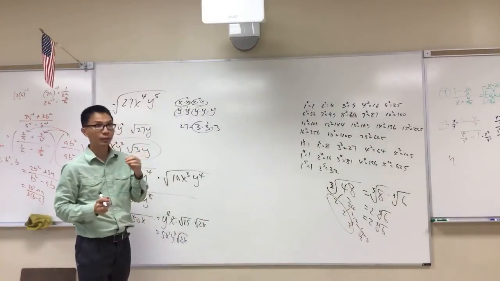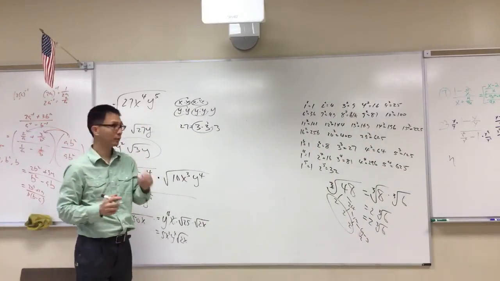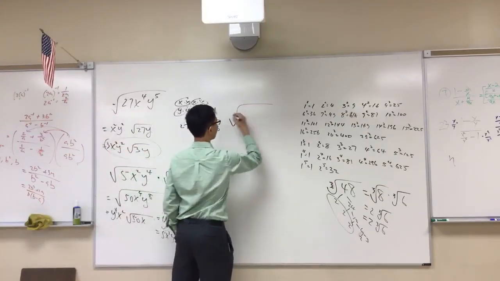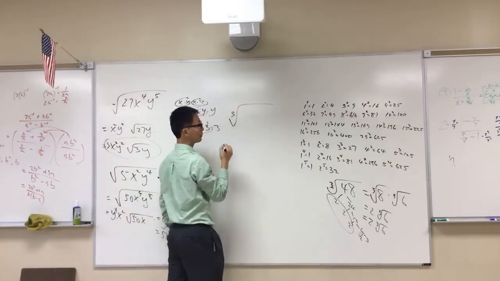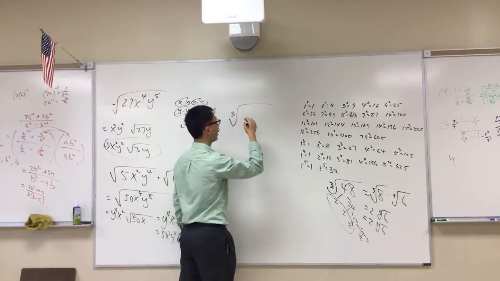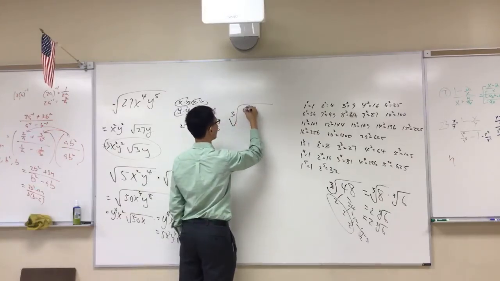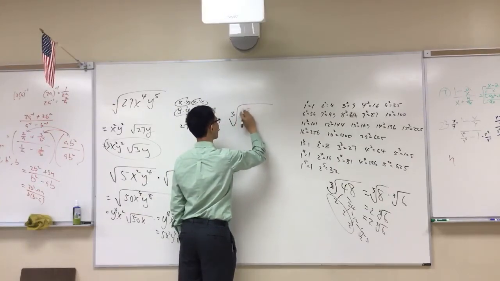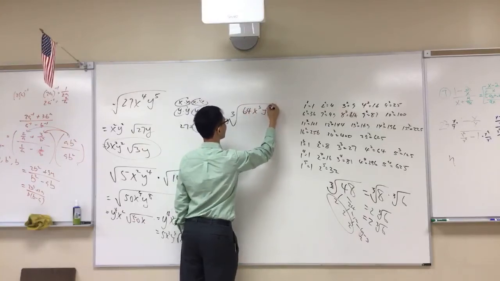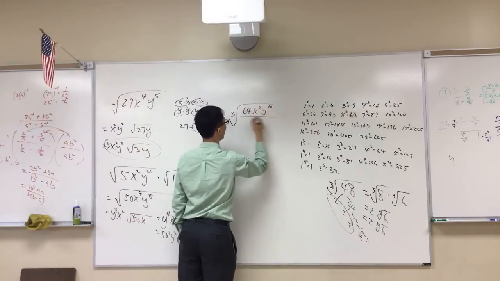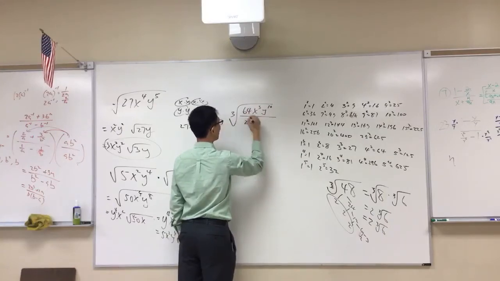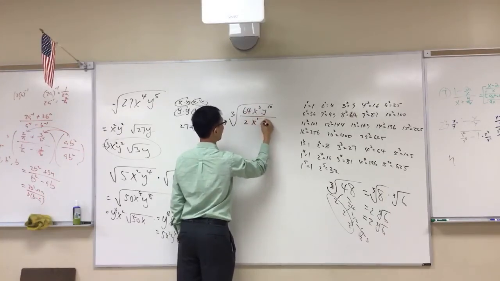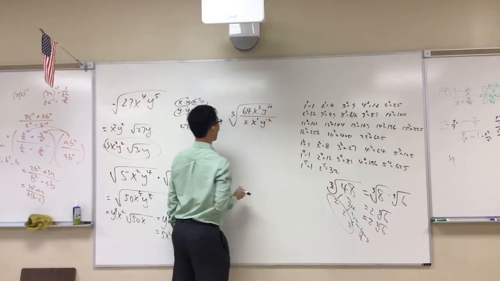So, ready? Okay, so let's go with the one we learned last year: third root of 64 x to the 3, y to the 10, over 2 x to the 1, y to the negative 2.